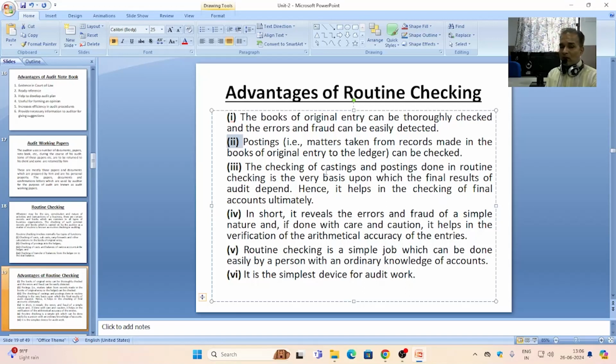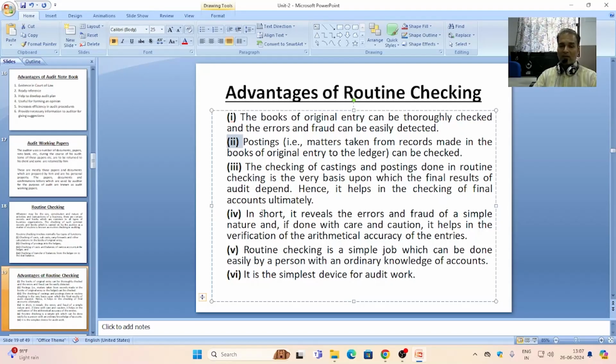So, the routine checking helps in the checking of final accounts ultimately, because all the final accounts are based on the journal entries and ledger posting in trial balance, because it's a chain. Journal entry, posting, ledger, trial balance, and on the basis of trial balance, financial statements will be prepared.